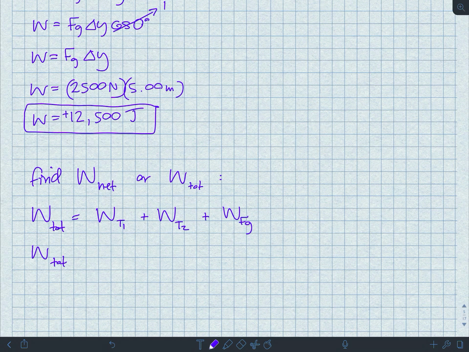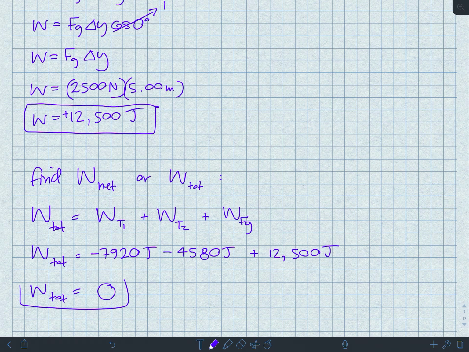The work done by tension 1 was negative 7920 joules. The next one was negative 4580 joules. And then 12,500 joules. When you add those all up, guess what you get? You get a 0. Boing.